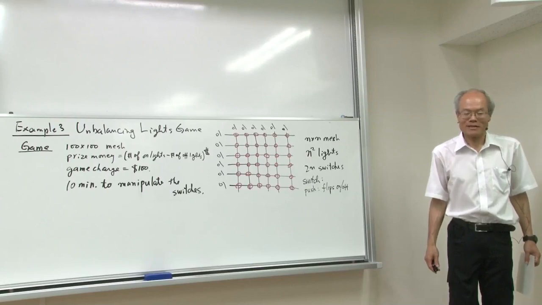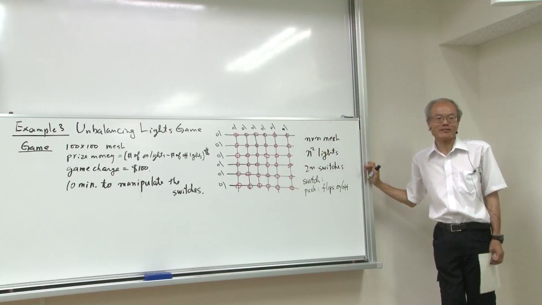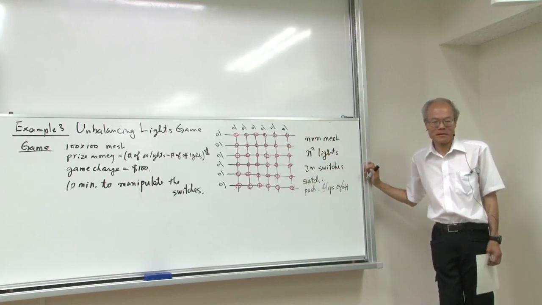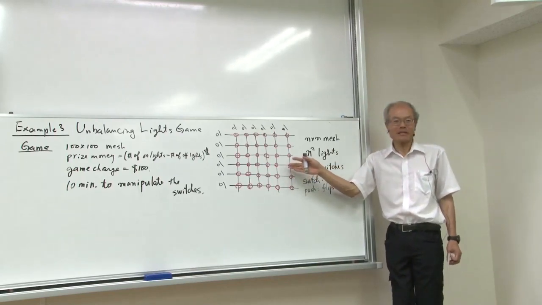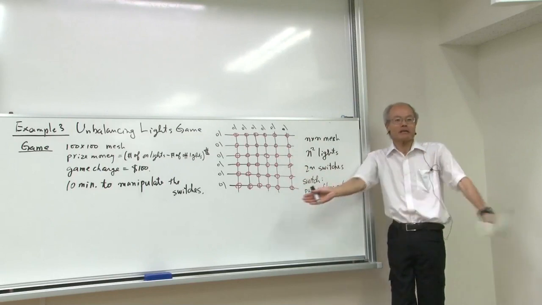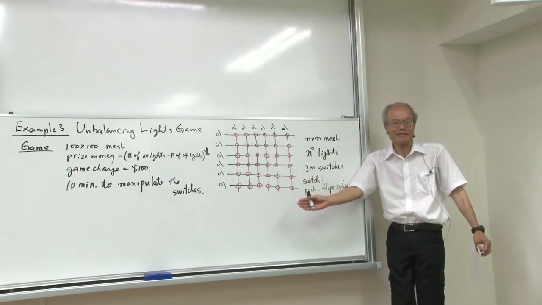Of course, the initial situation is very important. If the initial lights are all on, then of course you do nothing, and you get 10,000 US dollars.